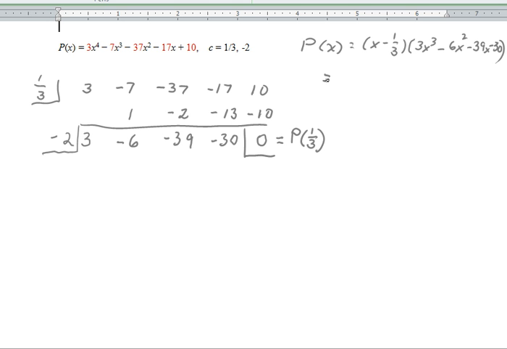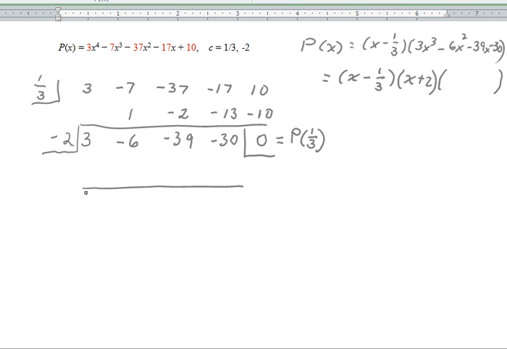And now we're going to go to the next step where we're going to also have a factor of x minus -2, which is x plus 2, and a second degree polynomial. So the quotient for this second division will be second degree.